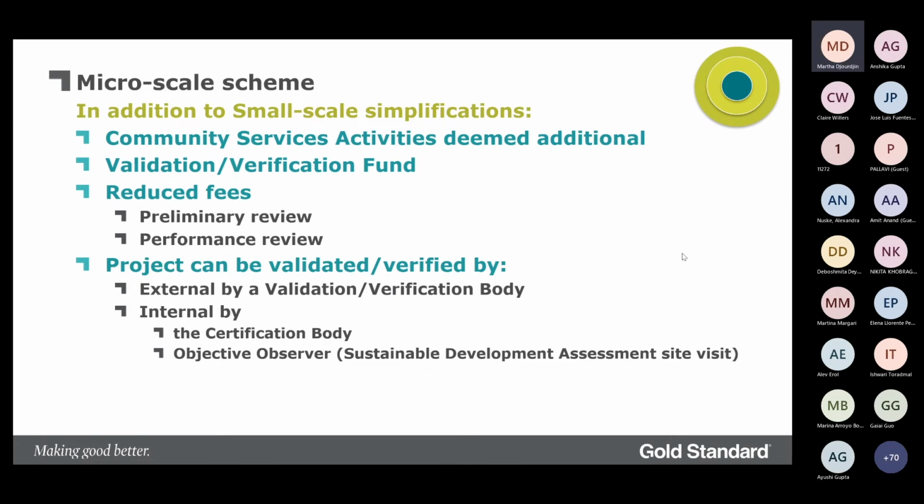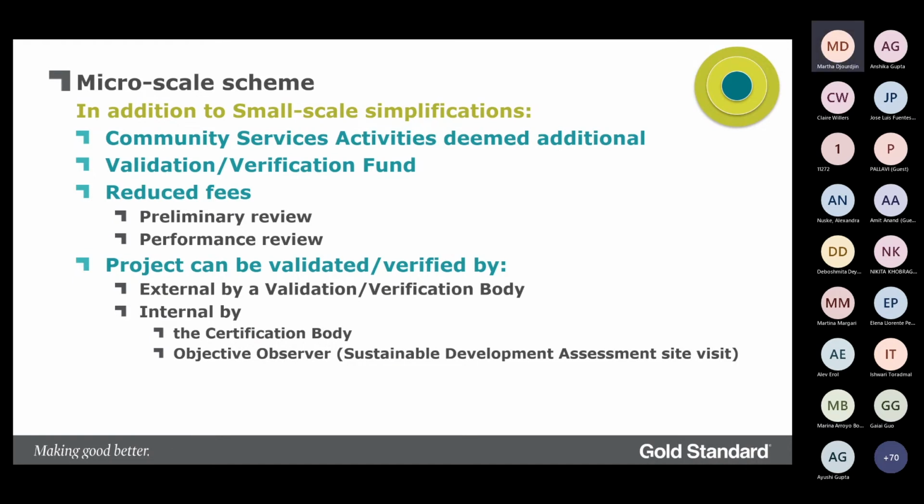And the other simplification we have introduced is a so-called internal validation and verification. So microscale projects can choose whether they go to an external validation verification body that they prefer to work with, or they simply submit their documentation to the certification body, SustainCert, who does the validation and design review, or the verification and performance review together.